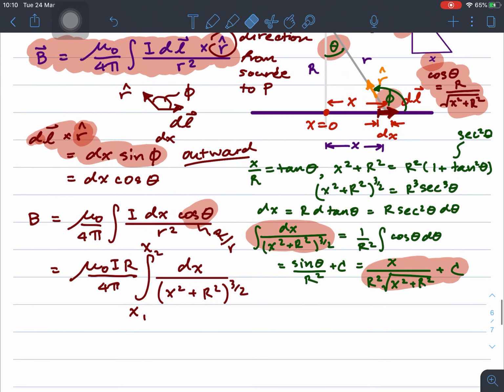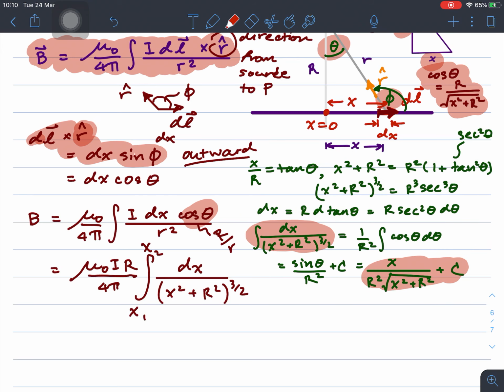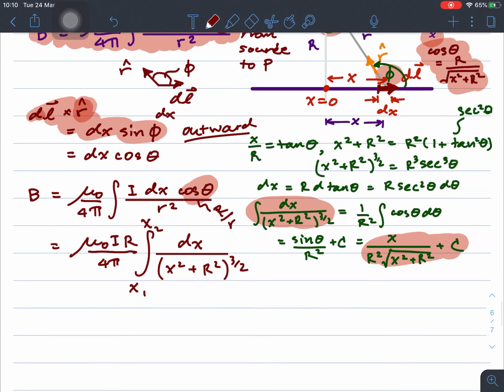And then we are going to perform this integral. From this integral, I have already proved it. You can see from this proof that the integral of 1 over x squared plus R squared to the 3/2 would give this answer, in which we are going to give you the formula in the exam.